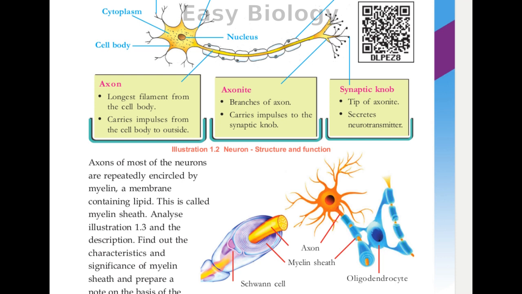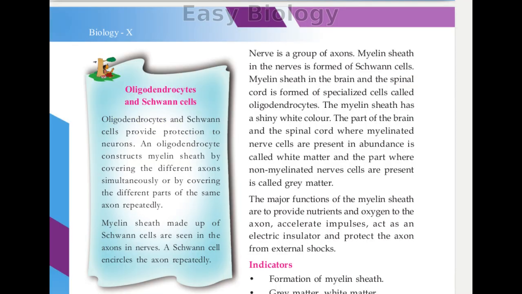The myelin sheath in the nerves is formed of Schwann cells, but the myelin sheath in brain and spinal cord is formed of some specialized cells called oligodendrocytes. The myelin sheath has shiny white color.